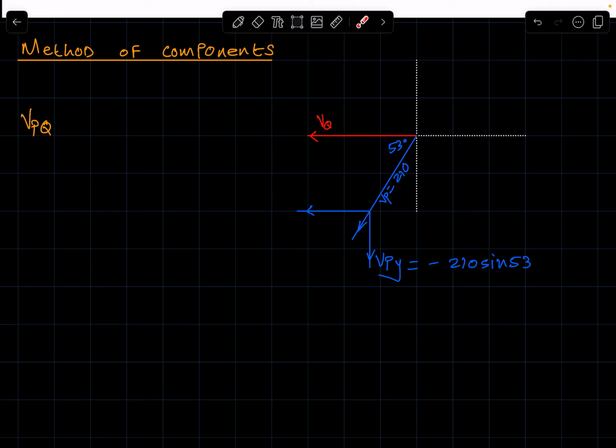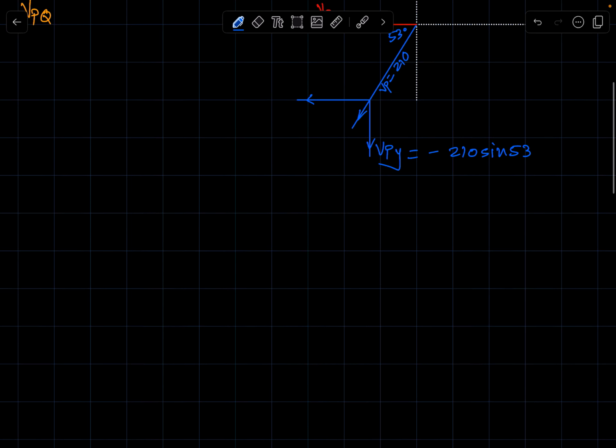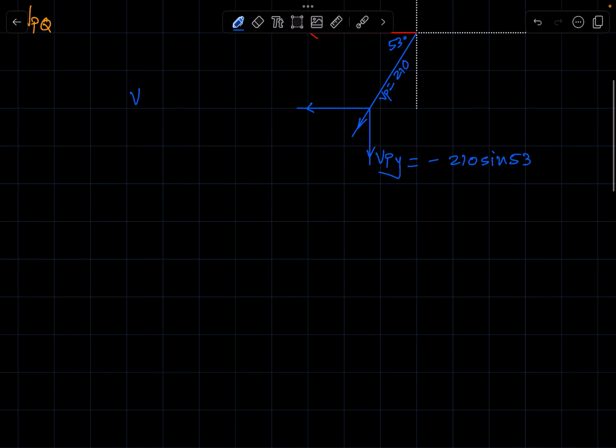Now for this case, it is very simple because the direction of this vector that we were given was such that the angle was referenced from west. West is on the x-axis, meaning this angle is referenced from the x-axis. Then we have the x component of VP, so the x component, VPX, is equal to, now if you look at the x component, it is headed west, hence we're going to take it as negative.